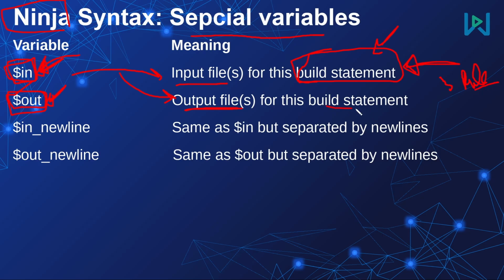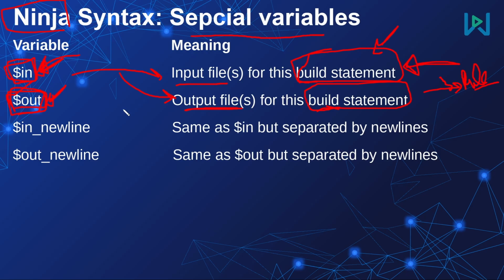And the expected list of output files coming out of the execution of our build statement, which in return come out of the execution of the Ninja rule, can be referred to within this rule using this $out variable.